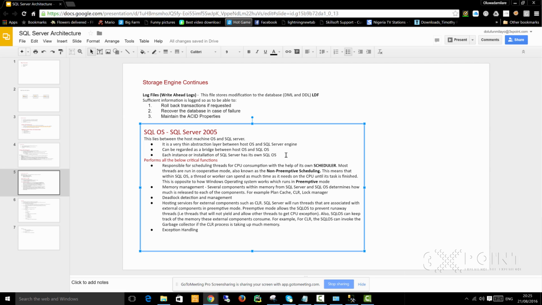In comparison to Oracle, with Oracle you can also install multiple instances on a server. But I mean, why would you want to do that? Because both Oracle and SQL Server are memory hogs. They're very selfish. So you can imagine the load that you will be putting on top of the entire OS, having multiple instances or multiple installations of any of these RDBMSs on a single server.